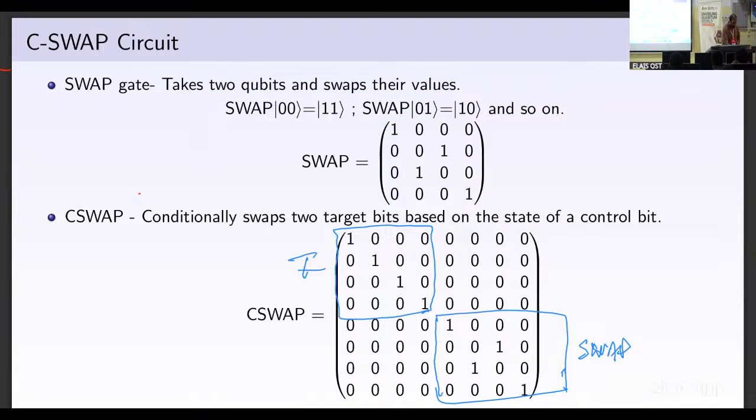As you probably already know from the quantum computing or quantum circuit lectures, any controlled unitary matrix is equivalent to identity, 0, 0, and the unitary. So that's how we get the matrix.